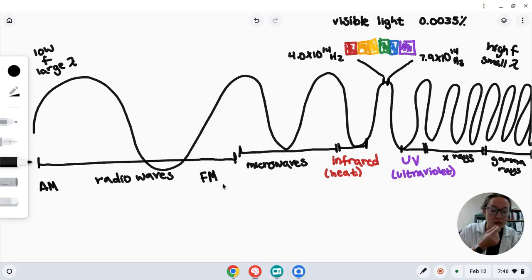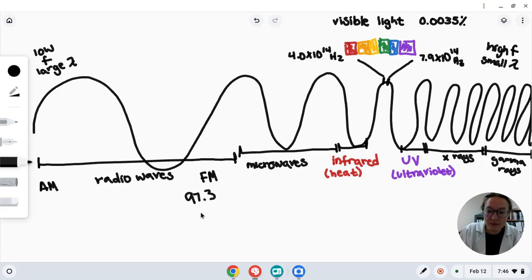Now, if you ever looked at a radio before and you decided to turn your dial to 97.3 KBCO, what actually is 97.3? What is that number about? It's telling you the frequency of that radio station.